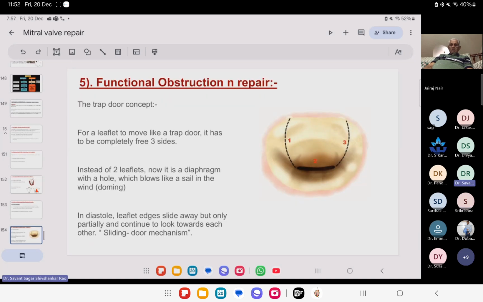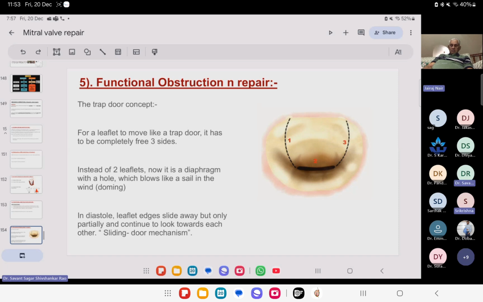So functional obstruction and repair, the trap door concept. For a leaflet to move like a trap door, it has to be completely free from three sides. Instead of two leaflets, now it is a diagram with a hole which blows like a sail in the wind. In diastole, leaflet edges slide away, but only partially, and continue to look towards each other.